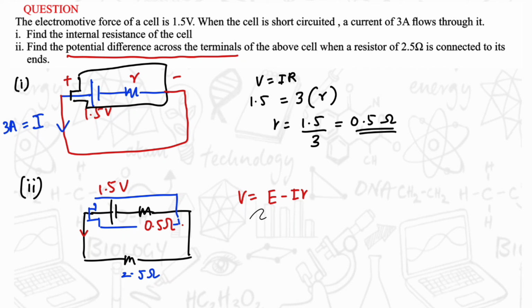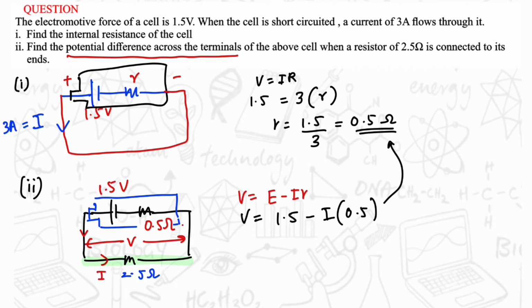So E we know, 1.5, I we don't know, but the internal resistance is 0.5. I have found it in the first Roman number. So we have to find the current flow. Here, if you take this cell, the resistor, this is the potential difference we have to find, and I is the current through this circuit as well.